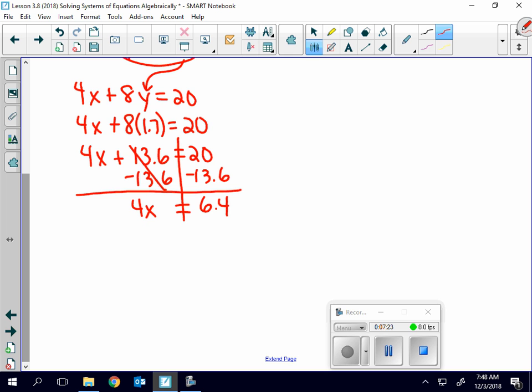Now I can just solve for x by dividing by 4. So x is going to be 6.4 divided by 4, which is 1.6. So when we're done, don't forget we write it as an ordered pair. The x is 1.6. The y was 1.7.